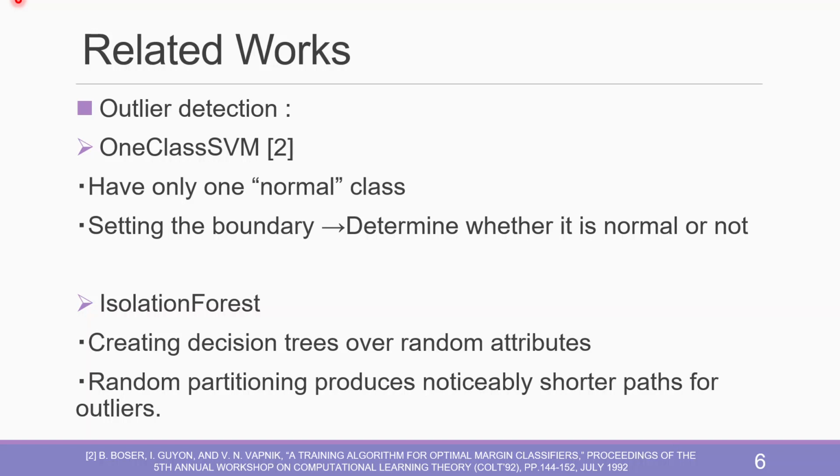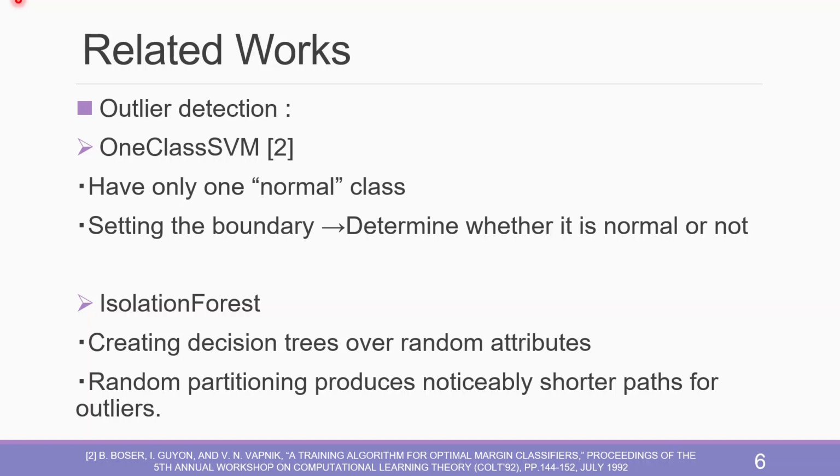The second is isolation forest. This is an unsupervised learning algorithm. This method detects outliers based on the assumption that outliers are likely to be fewer than normal data. This method isolates observations by randomly selecting a feature and then randomly selecting a split value between the maximum and minimum values of the selected feature.